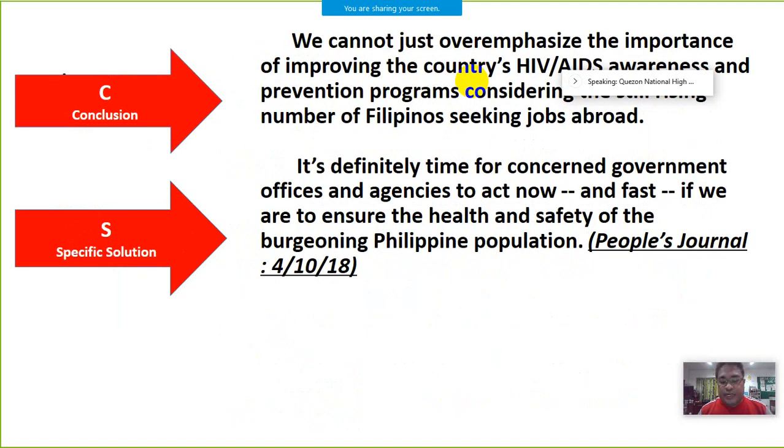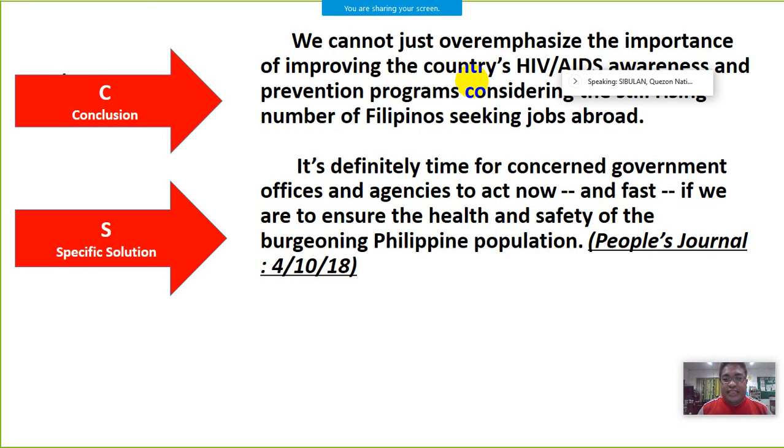Then concluding part, we have the summary of the main points. Then we have the specific solution. It's definitely time for concerned government offices and agencies to act now and fast if we are to ensure the health and safety of the burgeoning Philippine population.